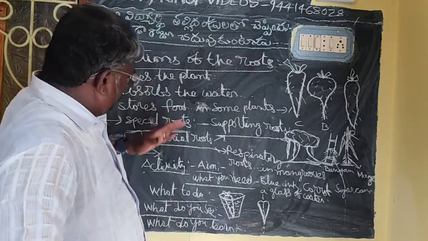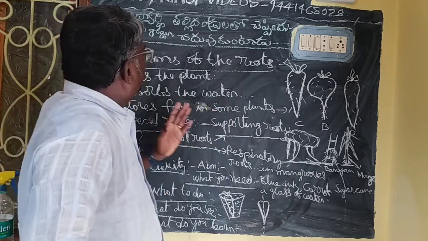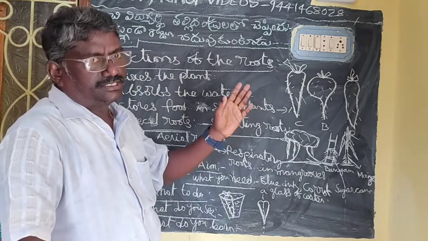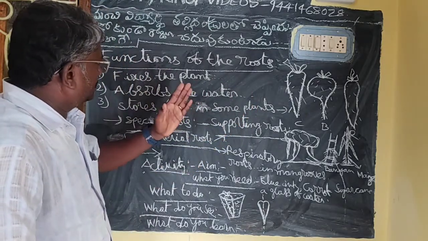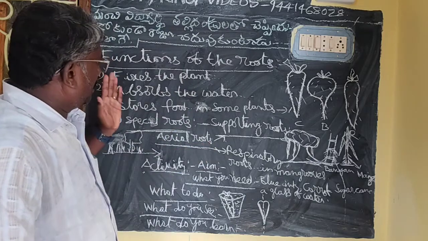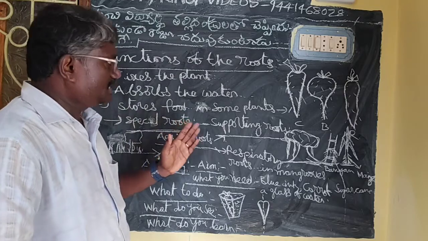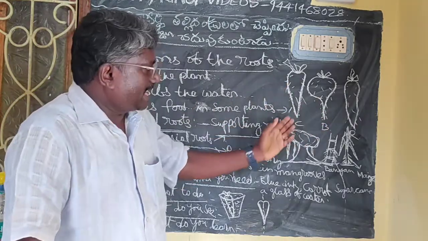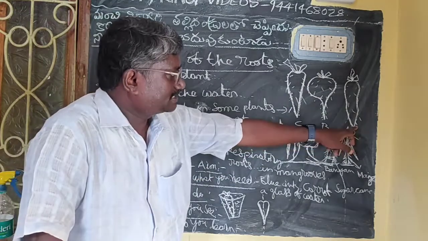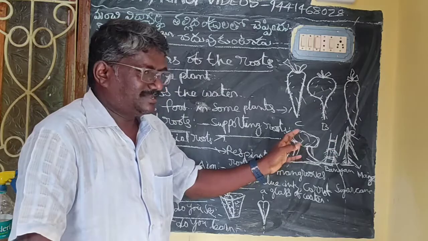So we already learned in this video about the functions of the roots. The root fixes the plant in the soil and absorbs the water from the soil and stores food in some plants like modified roots, examples radish, beetroot and carrot, RBC.